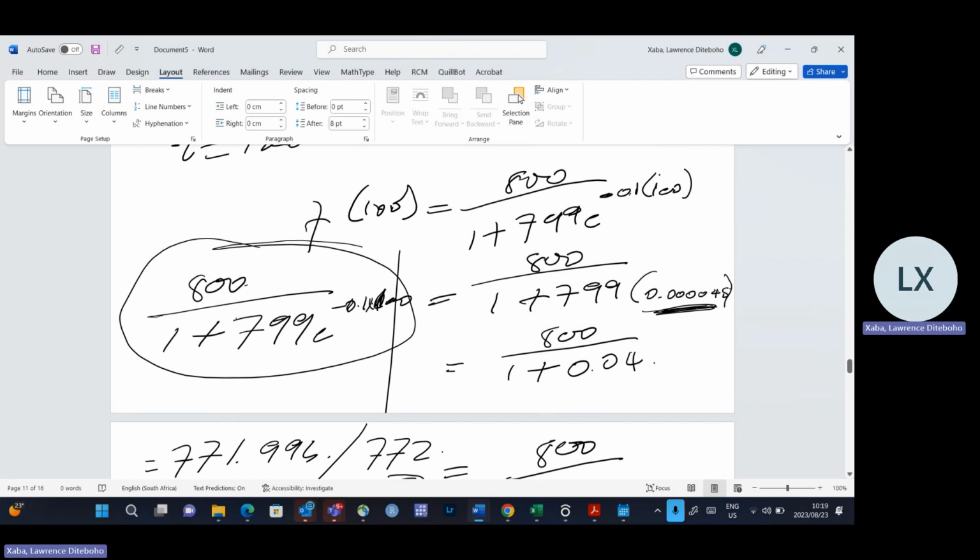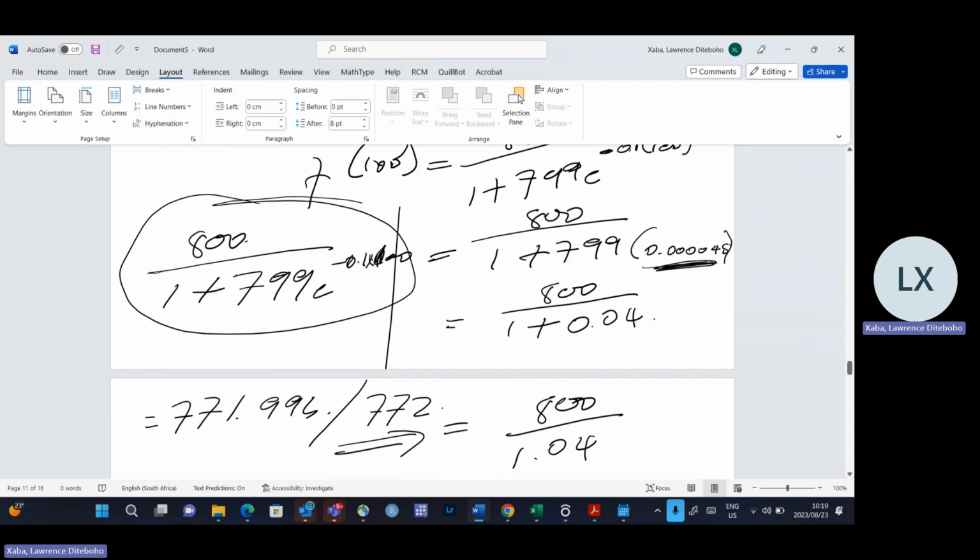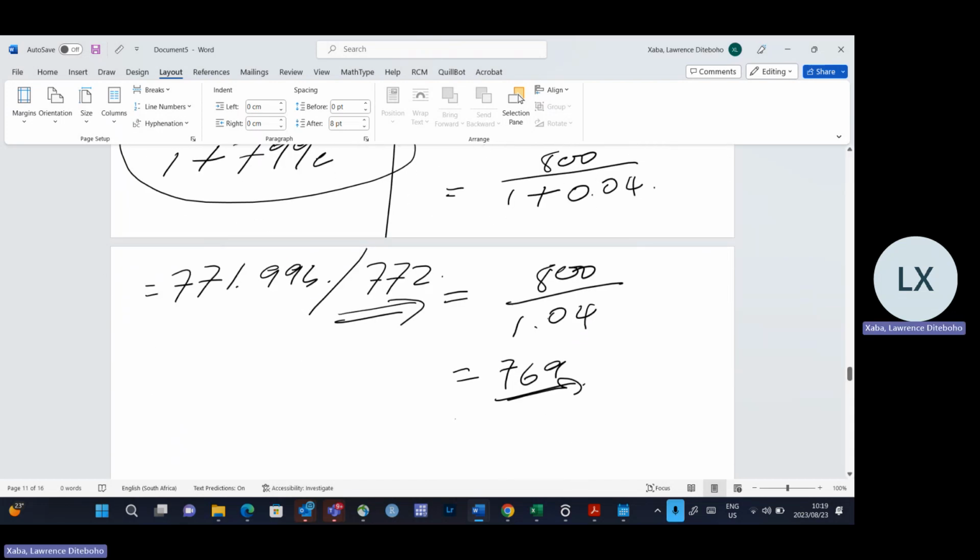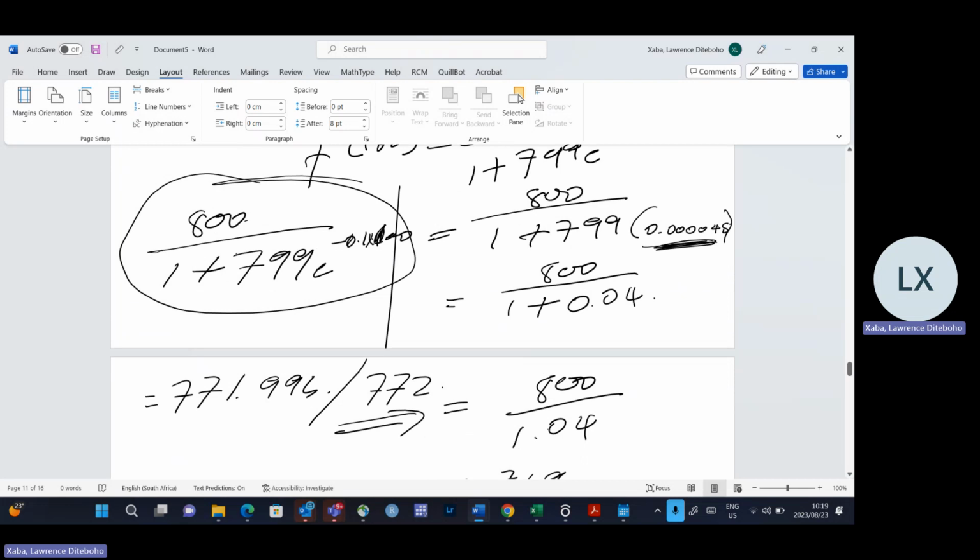Maybe I was supposed to take all the numbers the way they appear in my calculator. So if you find yourself in a case whereby you have a number of zeros, it's better you take it the way it is. Don't round it, just take all the numbers. Now when you punch it as it is in a scientific calculator, you end up getting this 772.